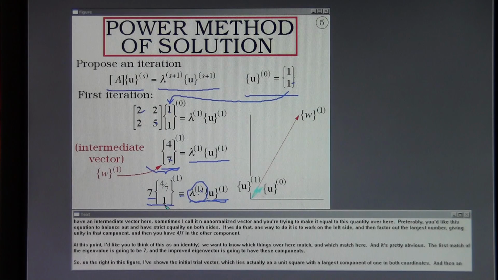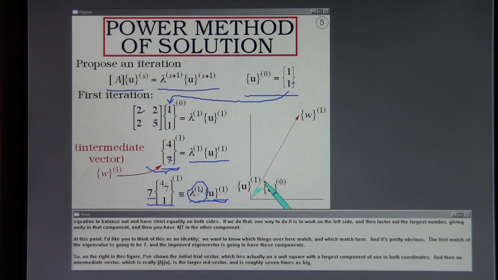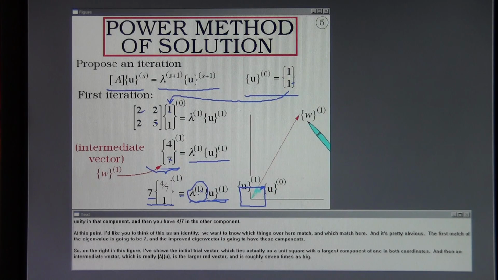So on the right in this figure, I've shown the initial trial vector, which lay actually on a unit square with a largest component of 1 in both coordinates. And then the intermediate vector, which is really A times U, is the larger red vector and is roughly 7 times as big.